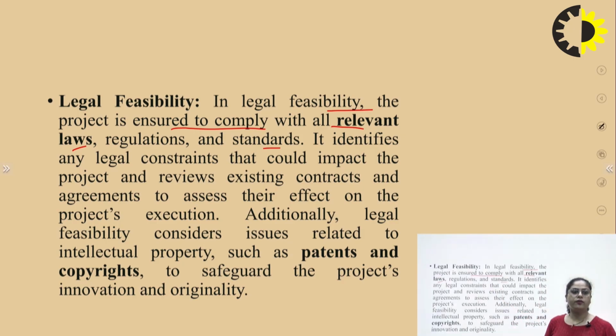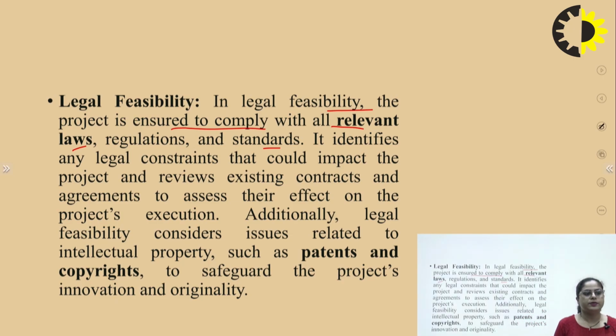With the help of various types of standards, the organization's software is made. It also reviews existing contracts and agreements to assess their effects on the project's execution.